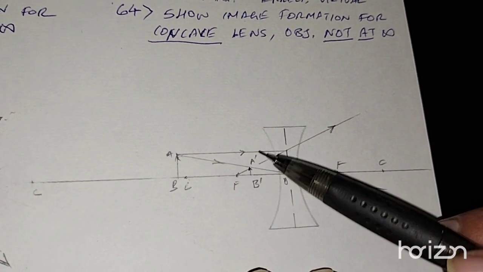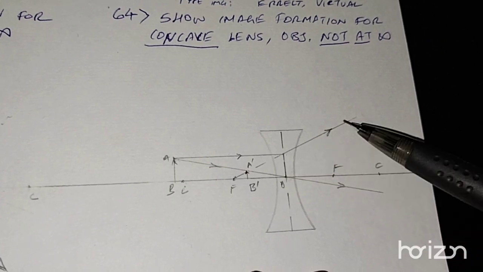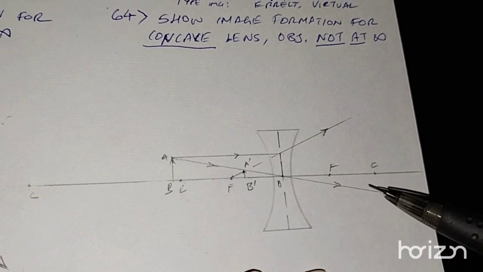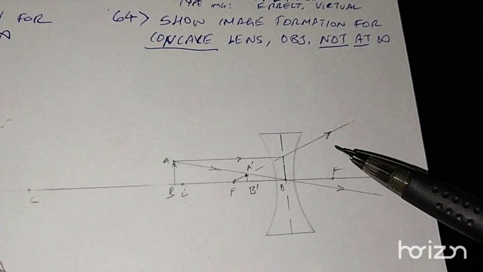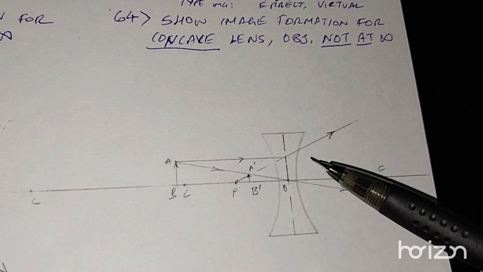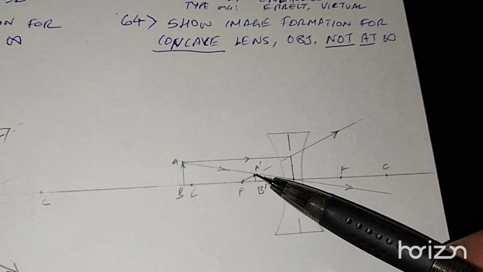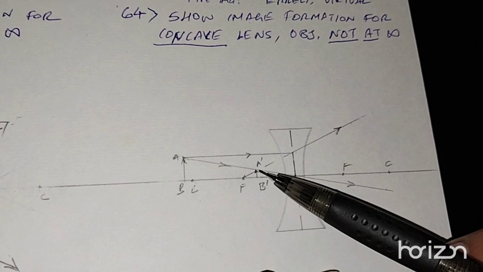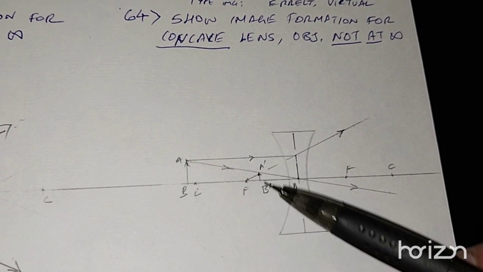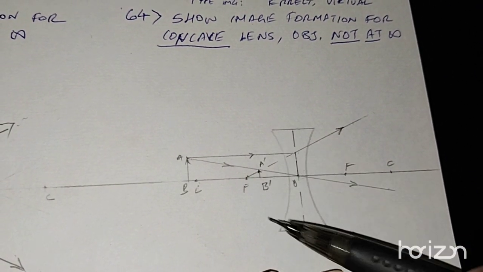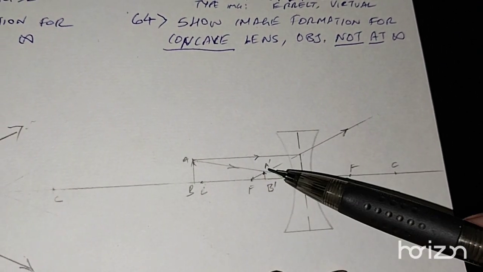Now these two rays, the one which diverges and the one which goes along the same direction, you can see that when you backtrace this, they both intersect at this point A dash. So the image is formed here, the small image A dash B dash is formed here. So the image is smaller.